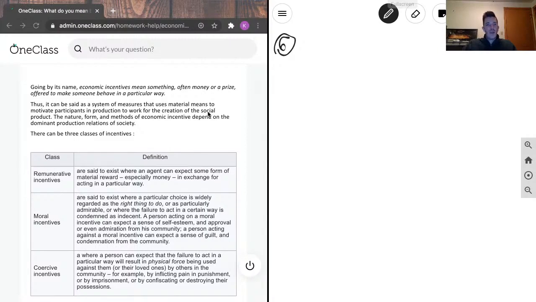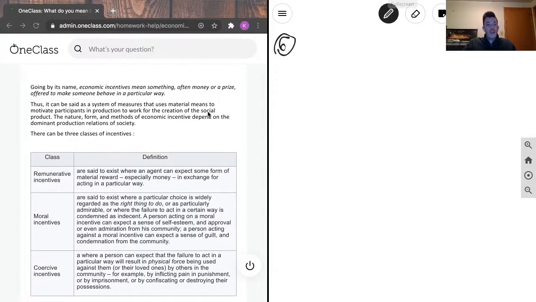A person acting on a moral incentive can expect a sense of self-esteem and approval or even admiration from his community. A person acting against a moral incentive can expect a sense of guilt and condemnation from the community. And coercive incentives, where a person can expect the failure to act in a particular way to result in physical force being used against them by others in the community, for example, by inflicting pain and punishment, or by imprisonment, or by confiscating or destroying their possessions.